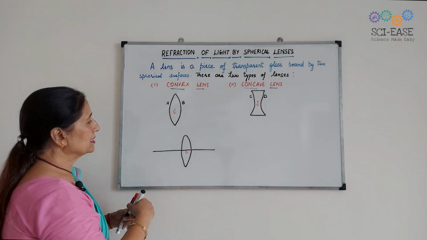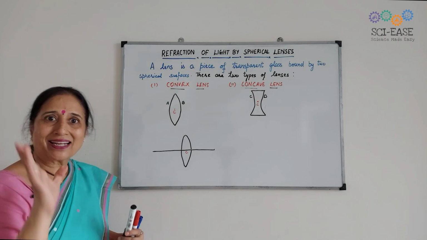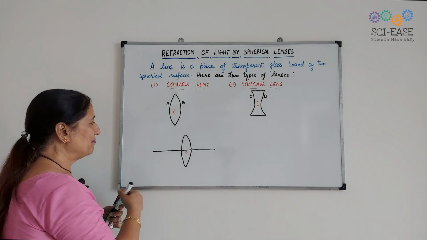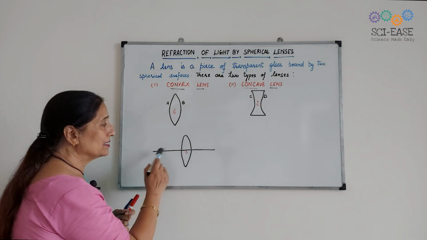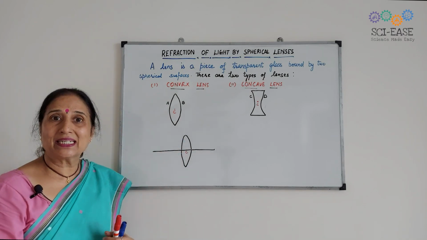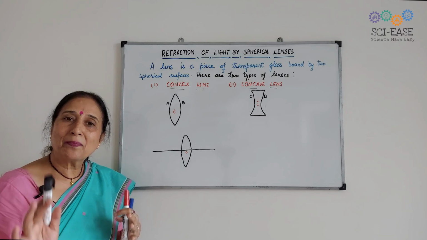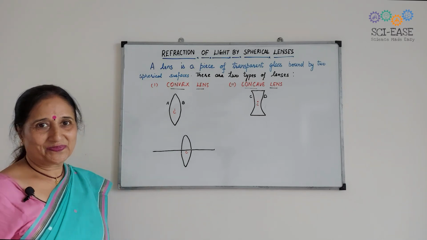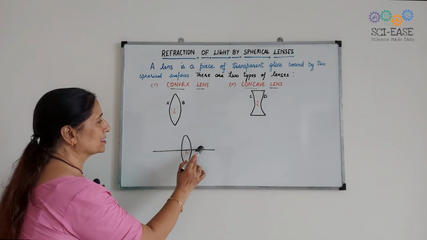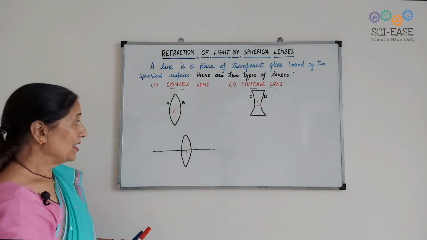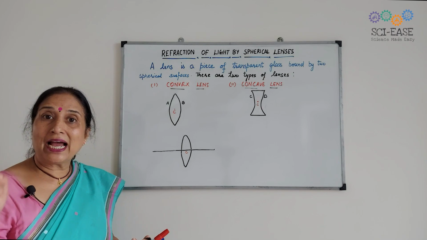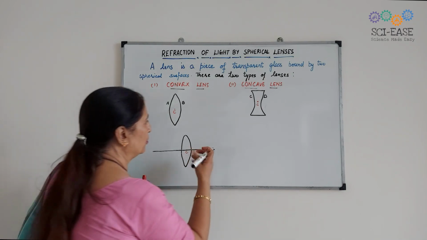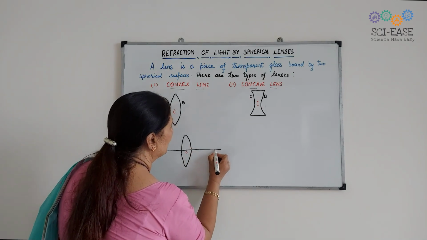Now, another is the principal axis. The line which passes through the optical center and goes straight, that is the principal axis. Okay, so this is the principal axis. Now next is about the principal focus and the focal length. Suppose this line goes straight.